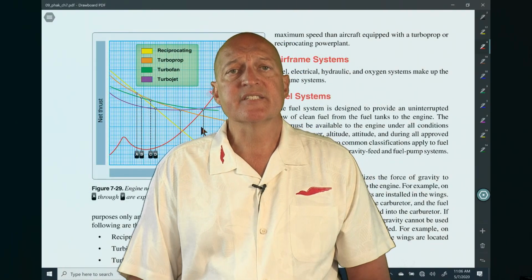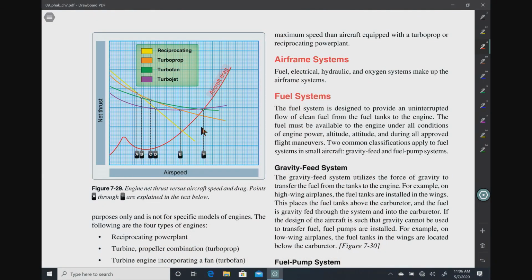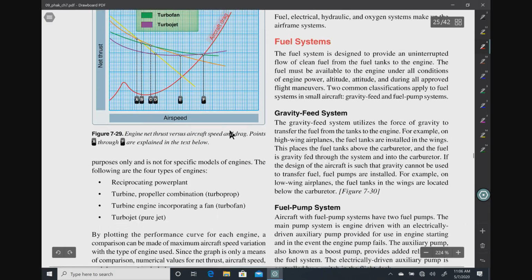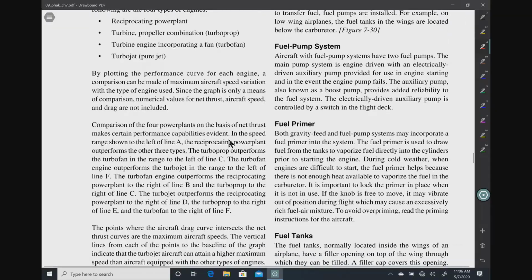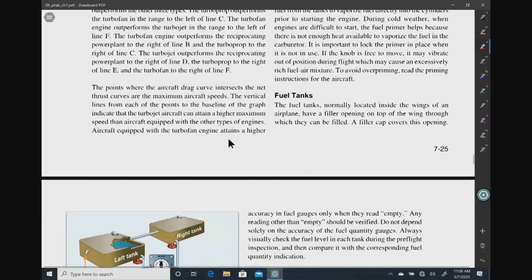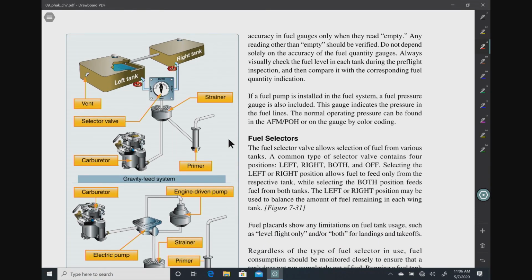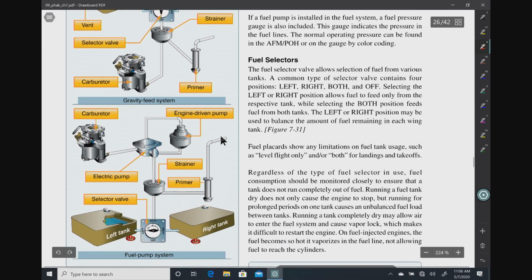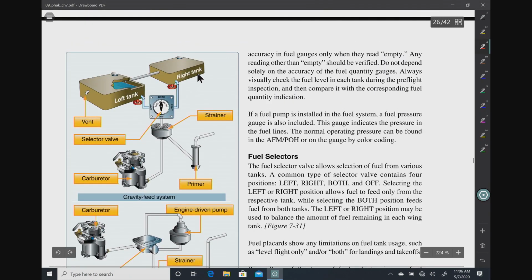Next, we're going to get into some of the airframe systems that they refer to in Chapter 7. One of those has to do with fuel. Remember that you've got to have 3 things for combustion: fuel, air, and spark. In this section, we talk about the fuel itself. We talk about how it actually gets to the engine. Here in figure 7.30, you can look at a gravity feed system.